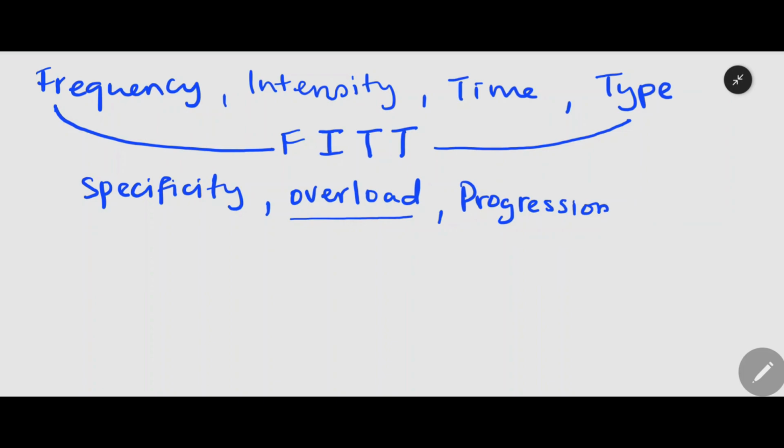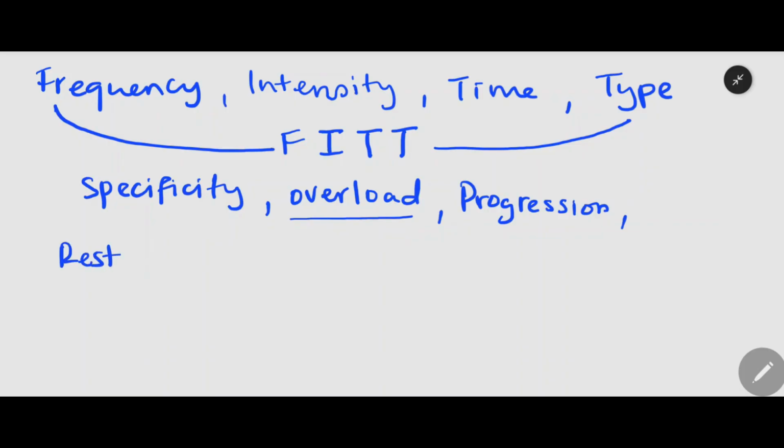So if I've been running on the treadmill for 20 minutes and then all of a sudden I start running for only 5 minutes, then my fitness is probably going to drop. My aerobic performance, then my aerobic endurance is probably going to drop. If I stop doing push-ups, then my upper body strength is probably going to drop.